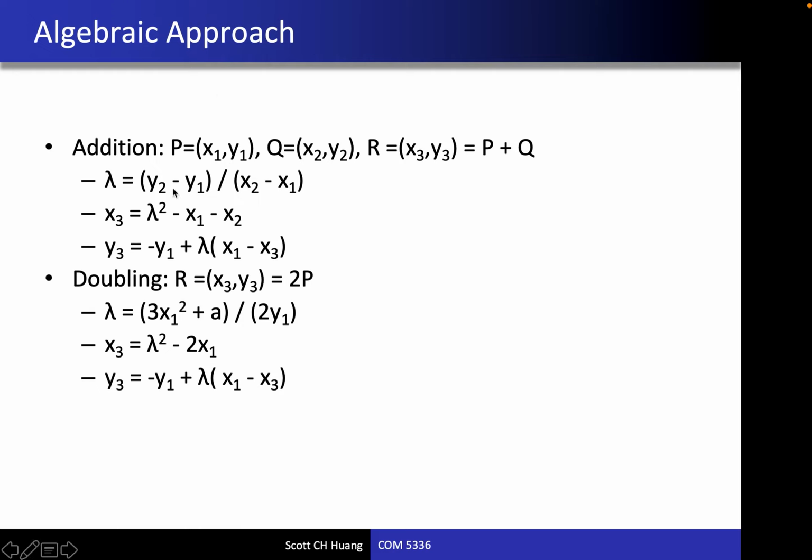First we define another parameter, which is the slope of the line passing through P and Q. This is understandable because this is the difference in the y-axis divided by the difference in the x on the x-axis. Okay, so this is the slope.